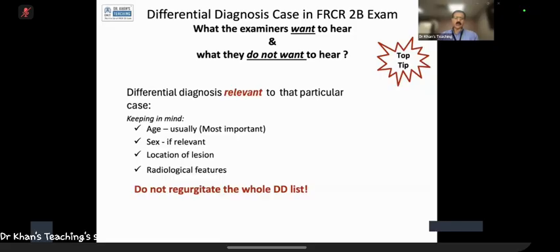They do not want you to regurgitate the list from Chapman or from wherever you have learned it. The candidate did very well, but was slightly off target, which I will highlight. Slightly off target, but at least did not enumerate everything.